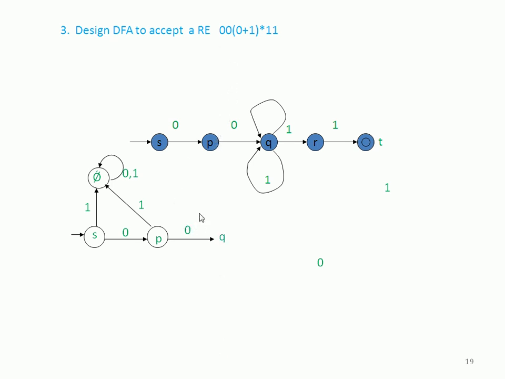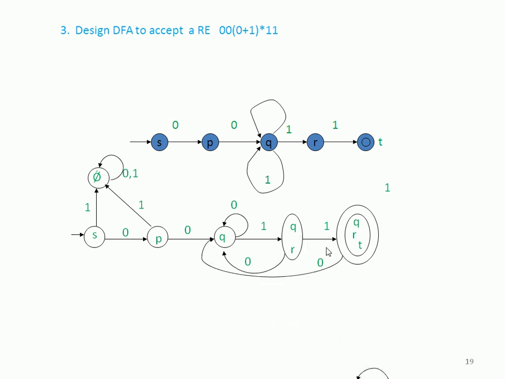Then we can have q, and (0 + 1) will be there, and we can have r, and then 1 1. So we can have p, q, r, t, where t is the final state, with 0 and 1. So 0 0 1 1, right: 0 0 is the first string, (0 + 1) is the middle string under star, which can occur many times, and finally 1 and 1.